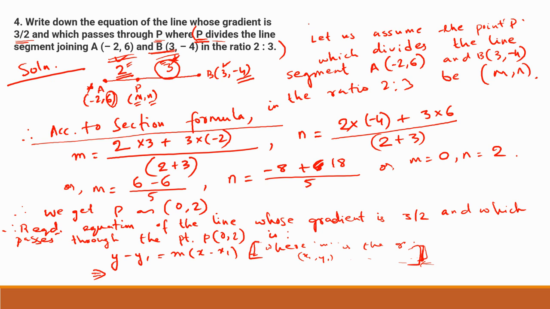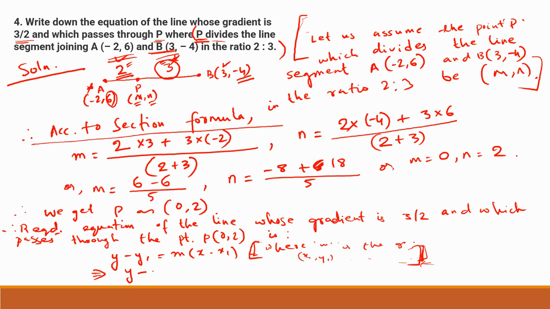Even here you don't need to write the story about the point P which divides the line segment; directly just write let us assume point P as m comma n. It all depends on your time. So at the end if you do the problem and in case you feel a time crunch, then remove all these lines. All right, so from here you get y minus y1 is how much?